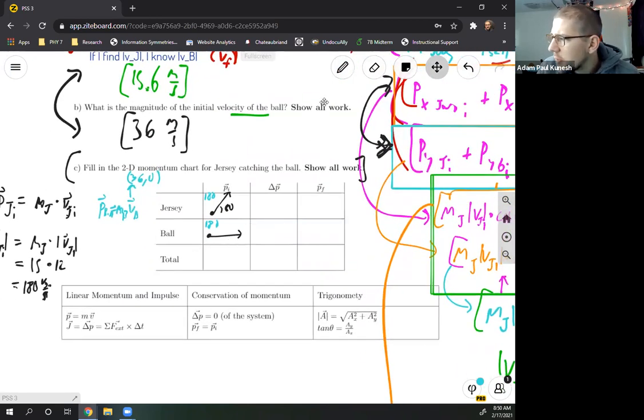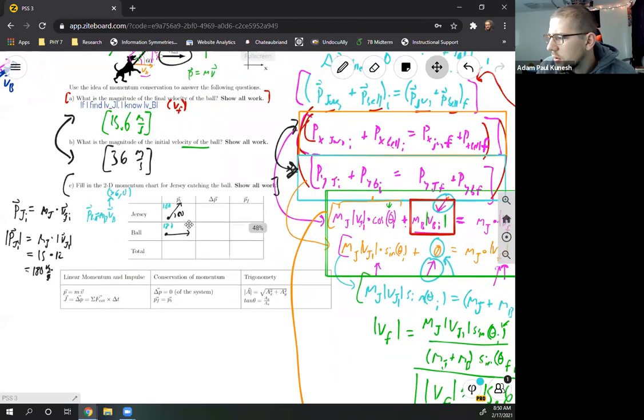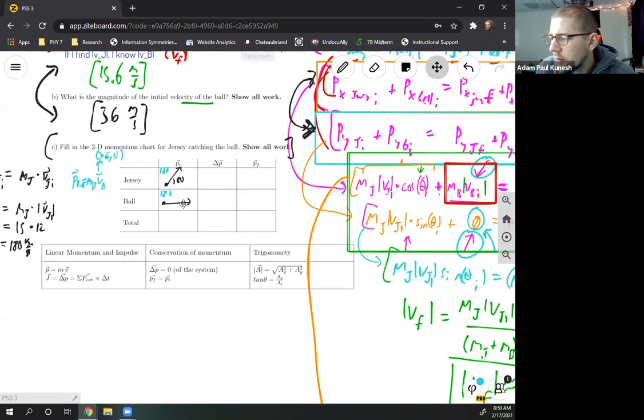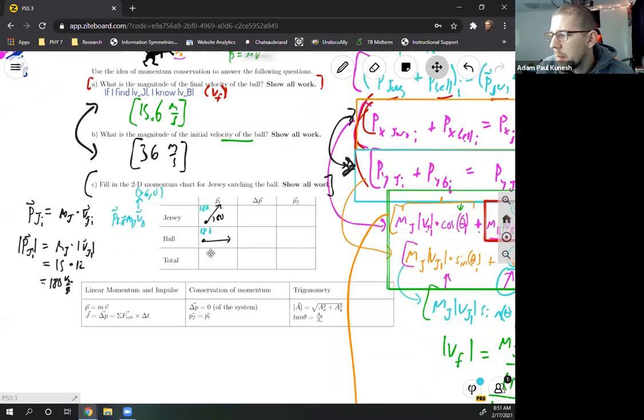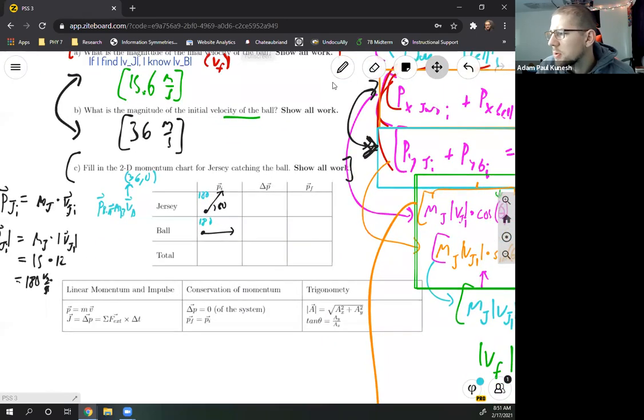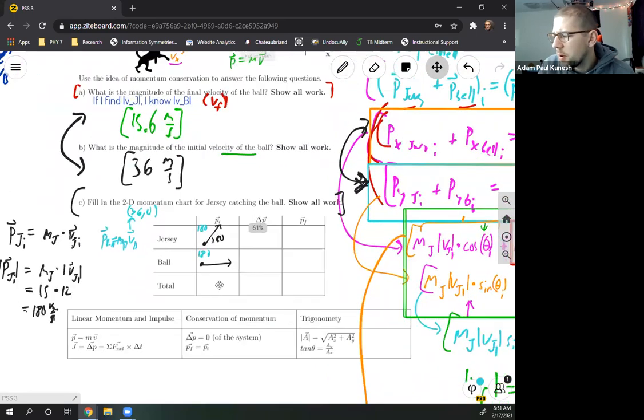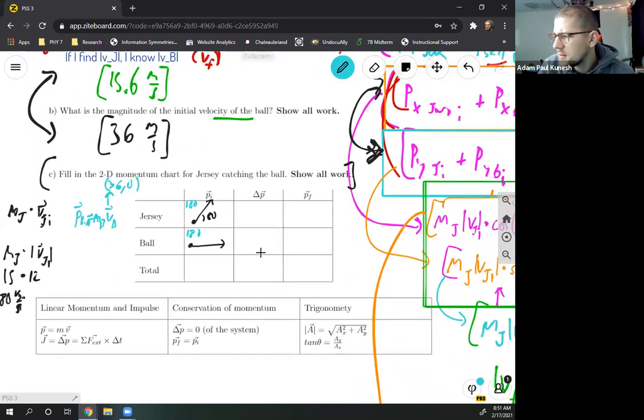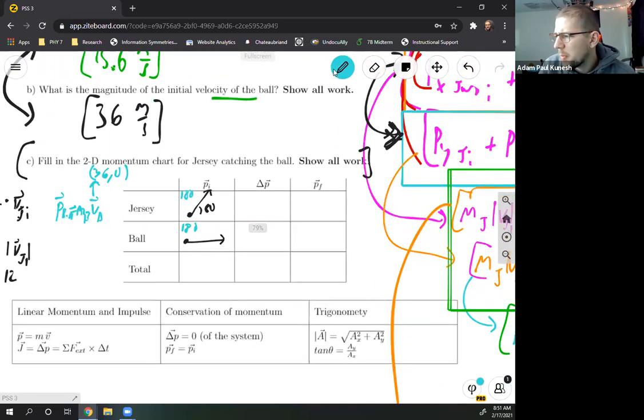So the total is going to be the sum of these two things. In order to perfectly find these two vectors, I would need to add them up component-wise. So in particular, the x component of Jersey's momentum is 180 cosine 60, and the x component of the ball is 180, just 180 flat.